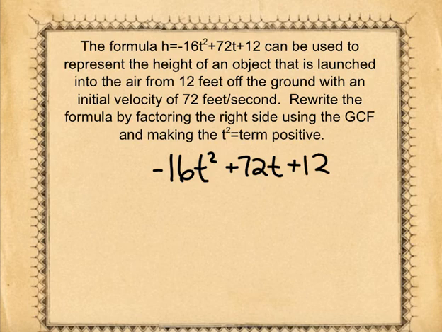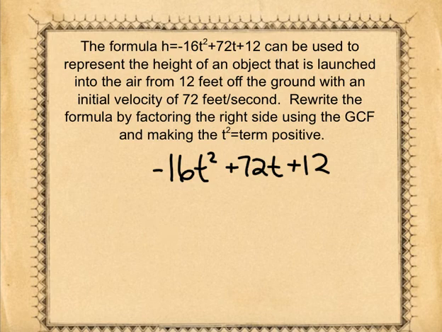But I also want to make sure that t squared is positive, which means I'm going to have to take a negative something out of negative 16. Well, it looks like to me the only greatest common factor is 4 out of each of these. So I would say, all right, I'm going to take out a negative 4 out of everything, which means I'm going to divide everything by a negative 4.